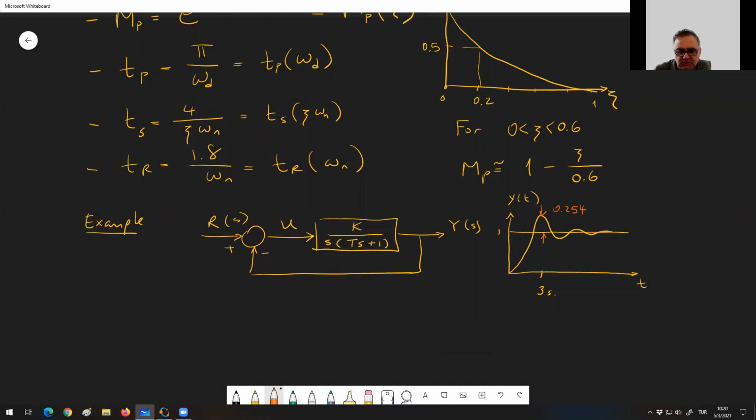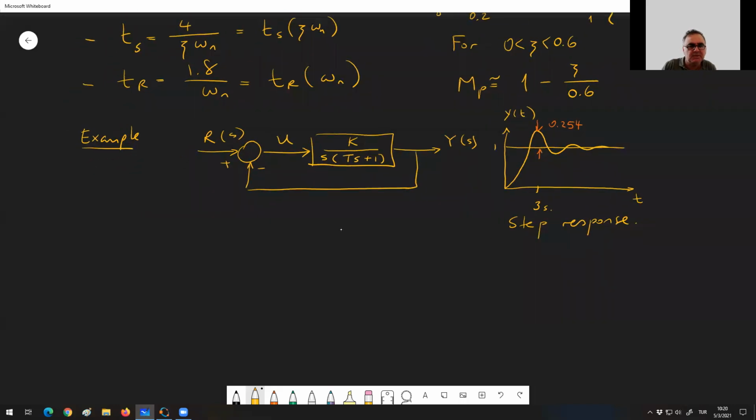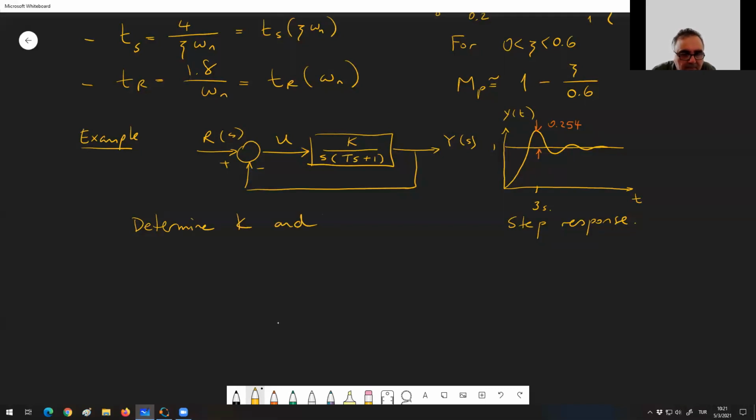This is the unit step response of the closed loop system. So what it asks is to determine K and T values from this response. We see that from the step response, the peak time is 3 seconds.